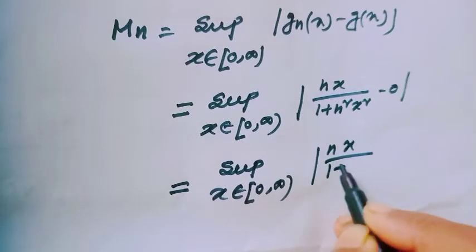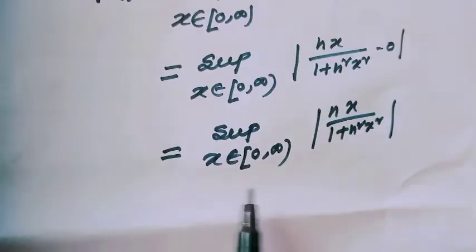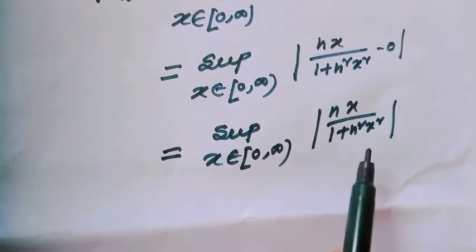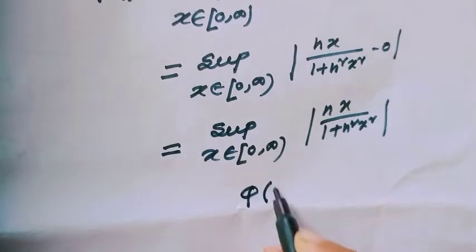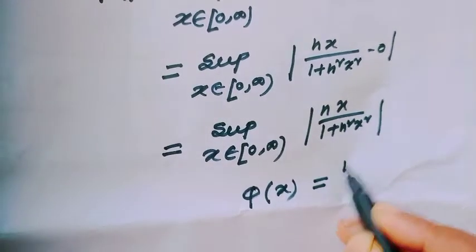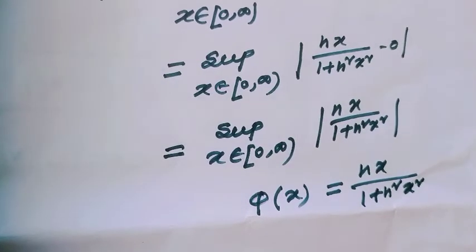That means we have to find the supremum value of this function in this interval. Consider this new function as phi(x) equal to nx over 1 plus n square x square.